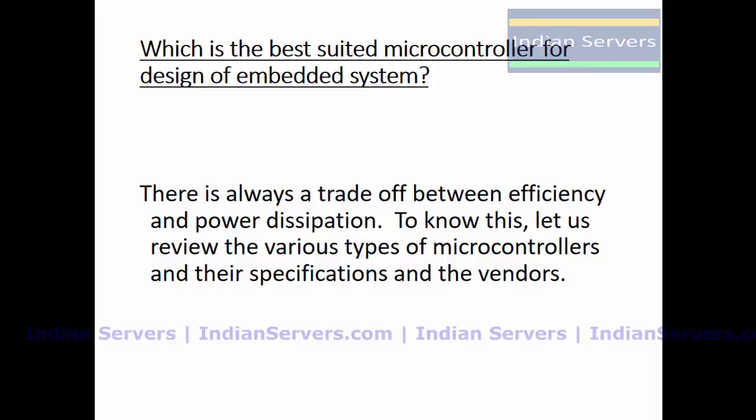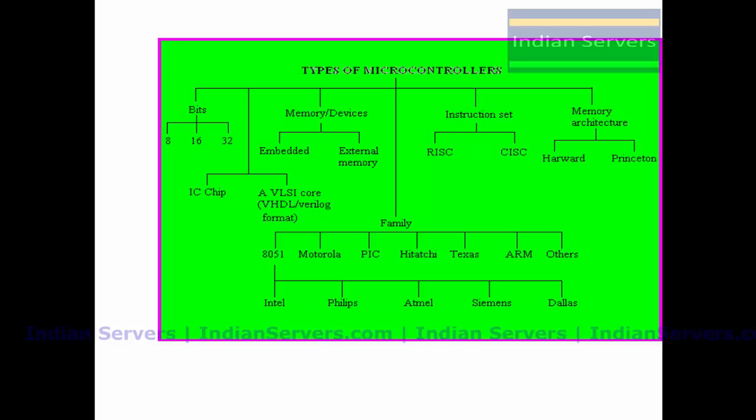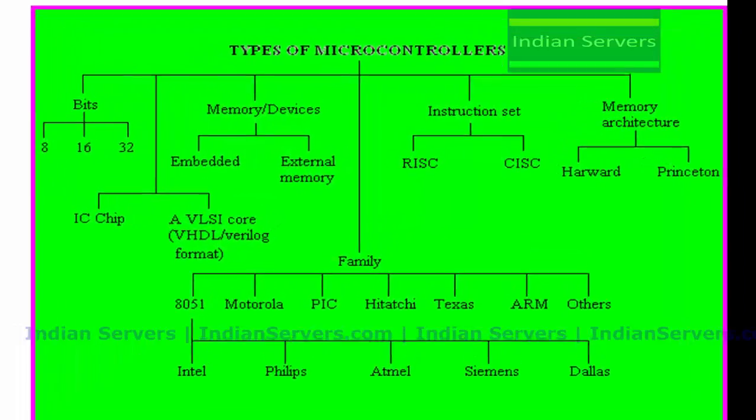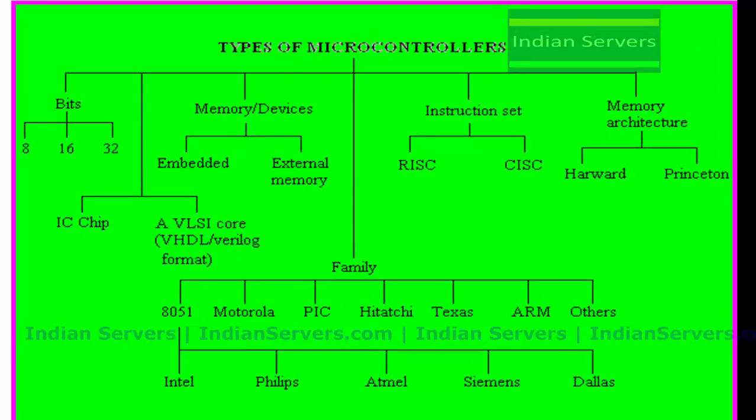Coming to microcontrollers, there are thousands of controllers available in the market. Microcontrollers are mainly categorized by bits, memory, instruction set, and memory architecture. Coming to bits, there are 8-bit, 16-bit, and 32-bit microcontrollers. What are these 8, 16, and 32? An 8-bit microcontroller can process or access data of a maximum of 8 bits.